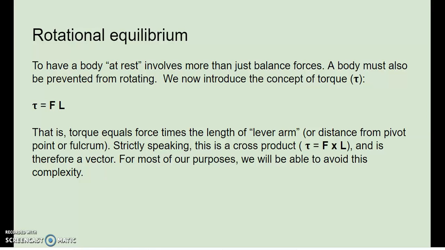So most of the time we can avoid that complexity if we don't have three-dimensional vectors to deal with. And we really don't in this particular class. So don't worry too much about that, except when you calculate torque, it is going to be the component of force that is perpendicular to the lever arm. Okay, that's going to require us to use a sine function, as we will see in a moment.